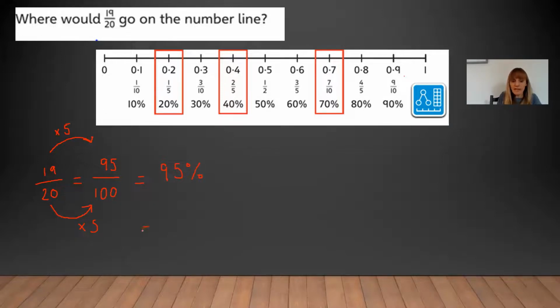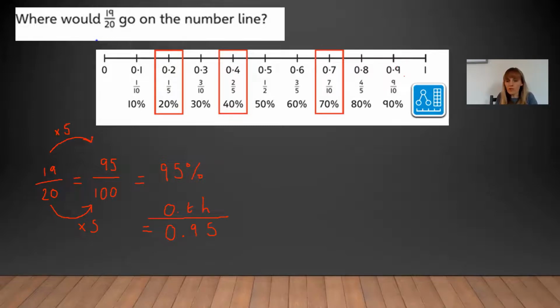Now, that means as a percentage, we would write that as 95% because we've already got our denominator as 100. To write it as a decimal, there's 95 hundredths. So again, let's have a look. I can write my tenths, my hundredths in. I've got no ones, have I? No wholes there. And I have got 95 hundredths. So my decimal will be 0.95. So where would this fall on our number line?